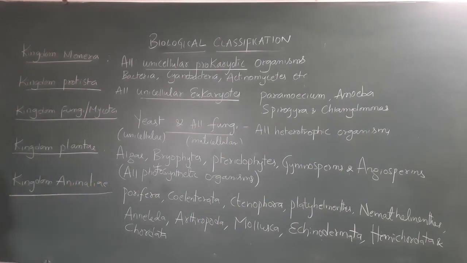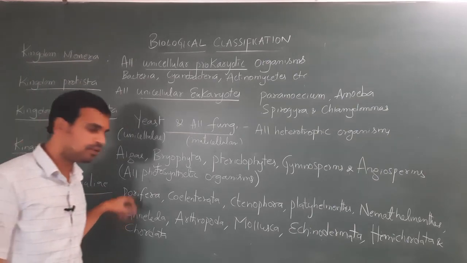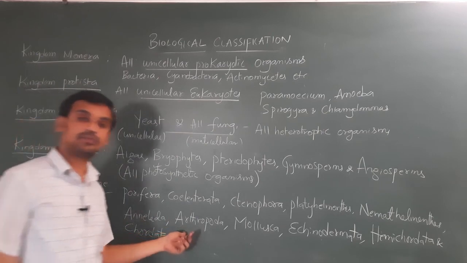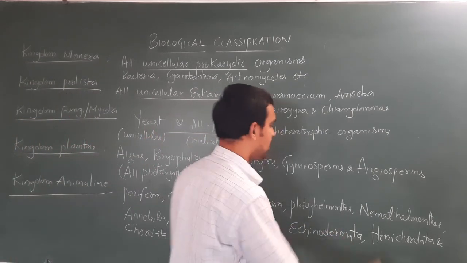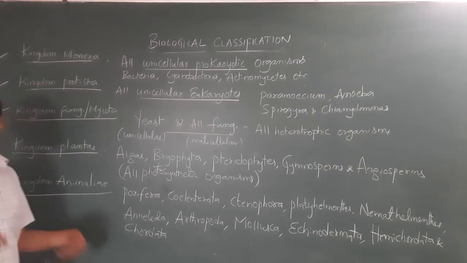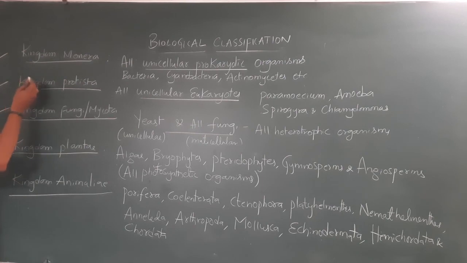Now coming to kingdom Animalia, which consists of different phylums: Porifera, Coelenterata, Ctenophora, Platyhelminthes, Nemathelminthes, Annelida, Arthropoda, Mollusca, Echinodermata, Hemichordata and Chordata. In biological classification, we are going to study these three in detail. Kingdom Plantae and kingdom Animalia you will study in the separate chapters, plant kingdom and animal kingdom. So this is about the R.H. Whittaker classification. In the next class, we are going to discuss kingdom Monera in detail.